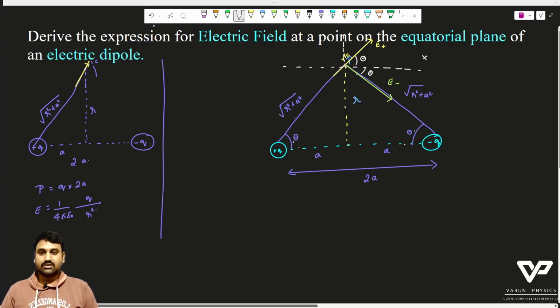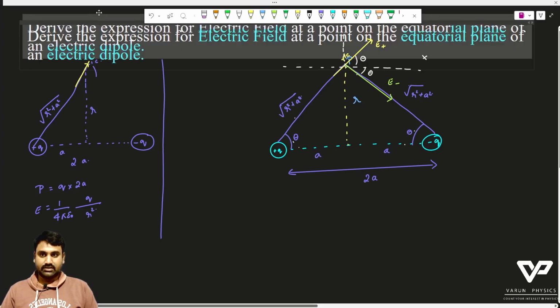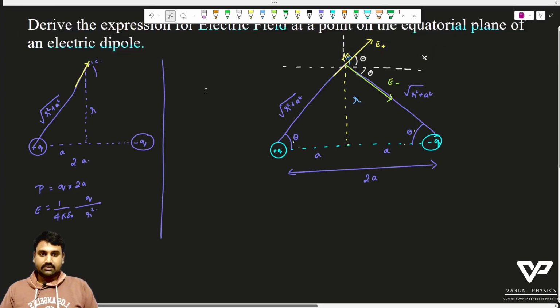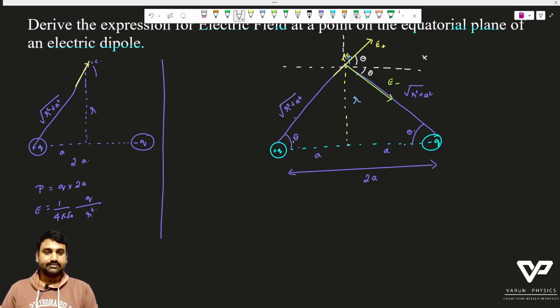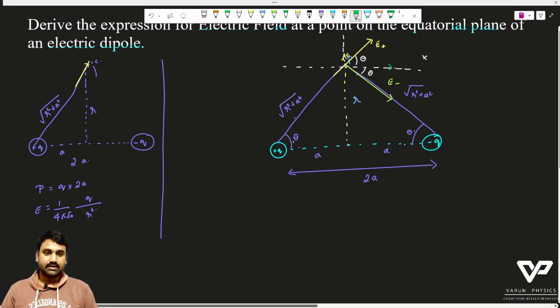So in order to resolve this E plus, this is theta, therefore this will become E plus sin theta, sorry, this is theta, therefore this has become E plus cos theta, and this has become E plus sin theta.